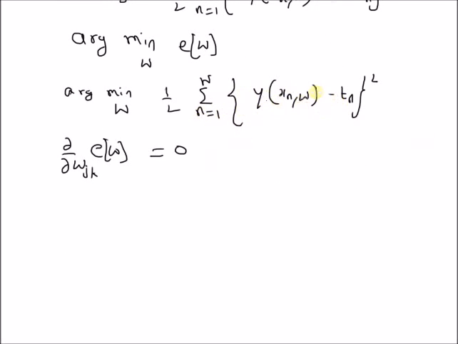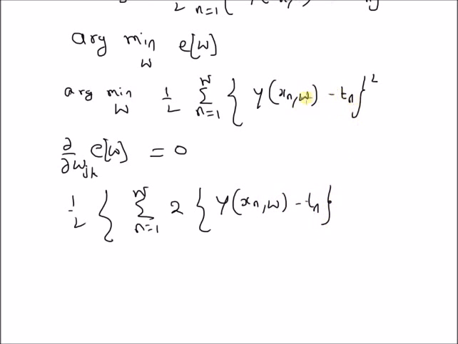By differentiating this expression with respect to wjk, we have 1 by 2 into summation n equal to 1 to N, and the derivative of this square is 2 times this value, which is the difference between the output and the target value. And next we have the derivative of y of xn comma w and the derivative of tn, and obviously the derivative of tn with respect to wjk is 0.